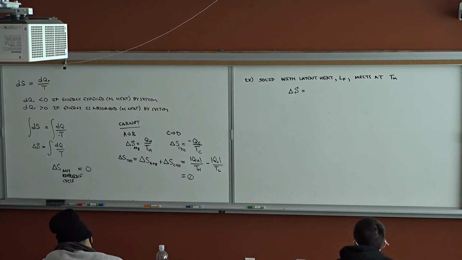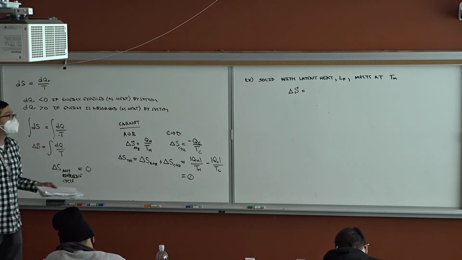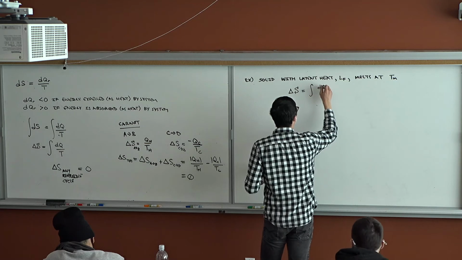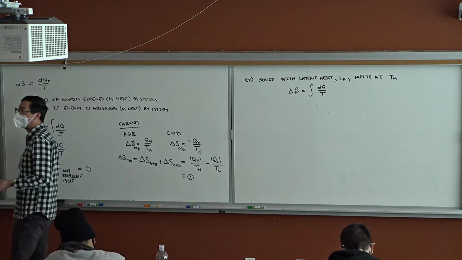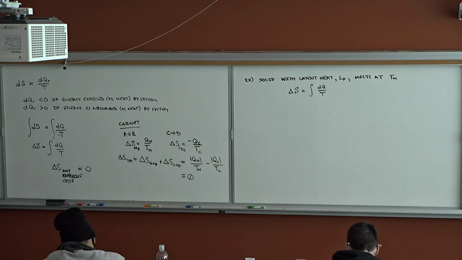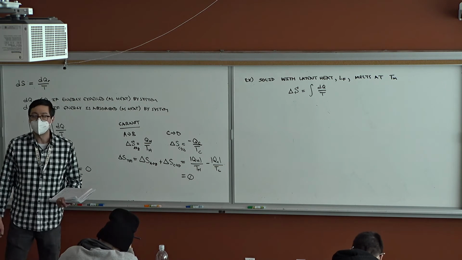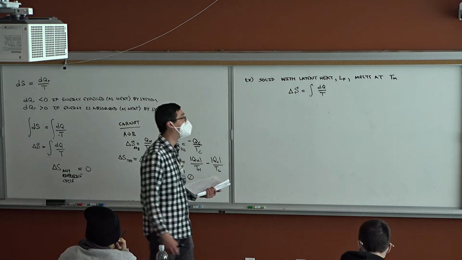So note that we still have that delta S goes as dQ over T integrated. But do you remember, how does Q relate to the latent heat? Yeah, it's just M times L, right?